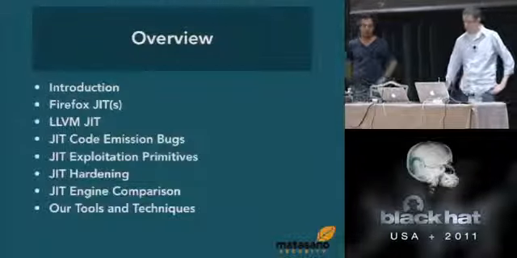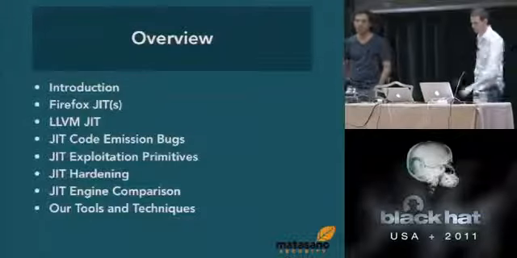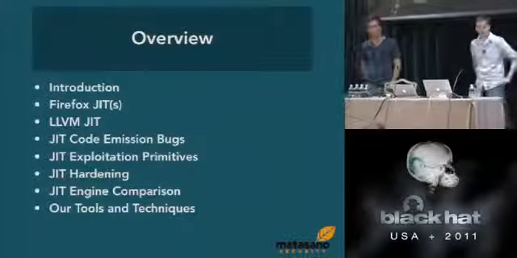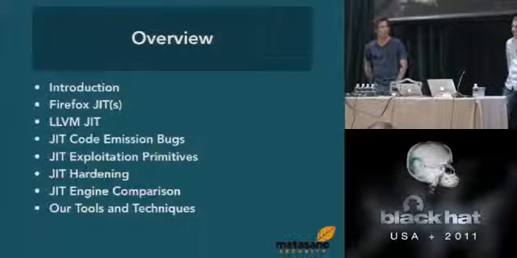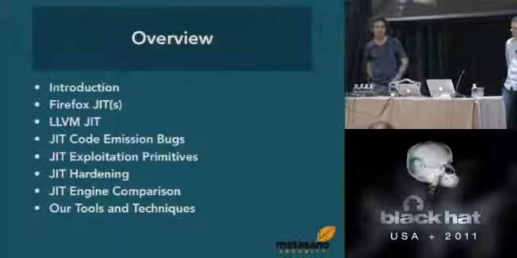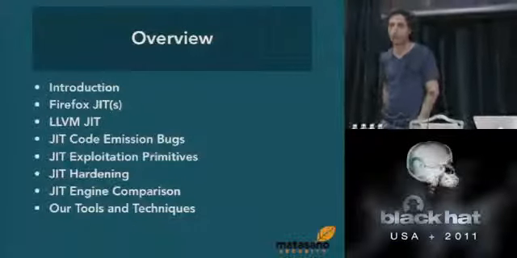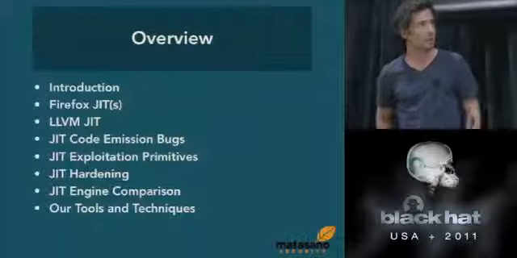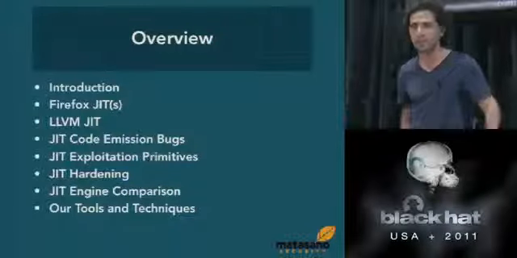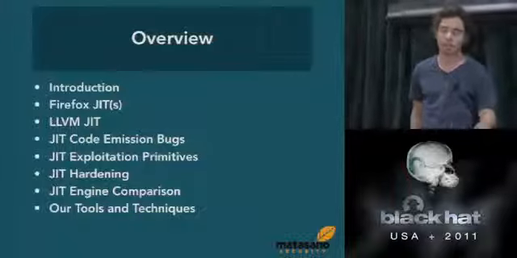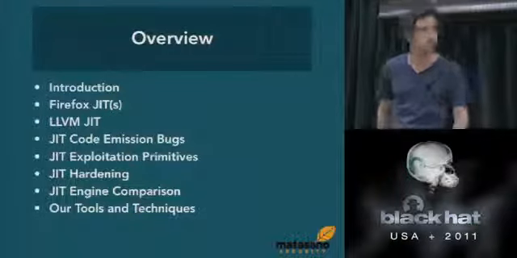So today we're going to be talking about just-in-time compilers, what they are, why they exist, what they do. We're going to take a fairly deep dive into Firefox's JIT compilers. There's two. They're currently enabled. We're going to talk about the just-in-time component of the LLVM framework.